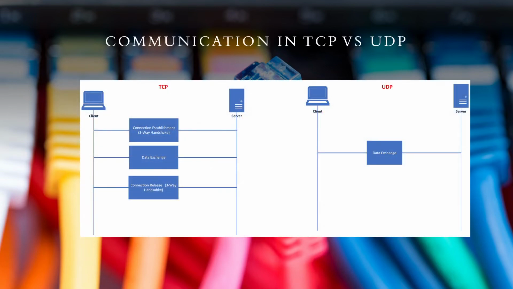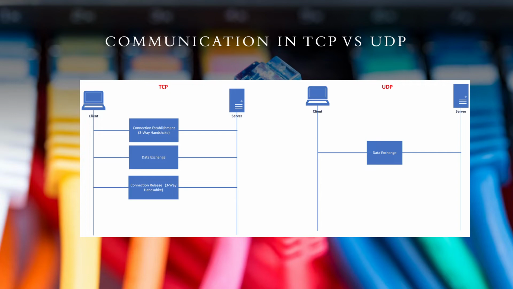To ensure reliability, TCP has to create a connection between client and server before data exchange, and then terminate the connection at the end of data transfer. The connection establishment process in TCP is called three-way handshake, where the client and server get into an agreement to start data exchange.